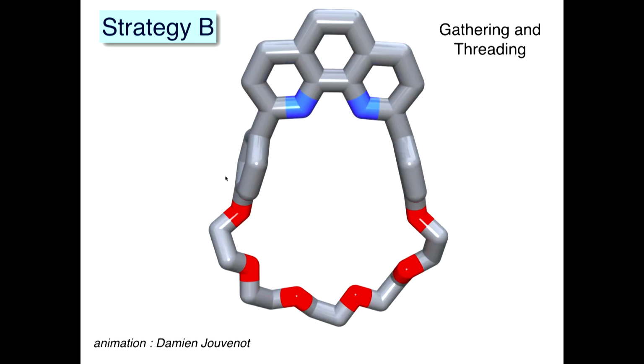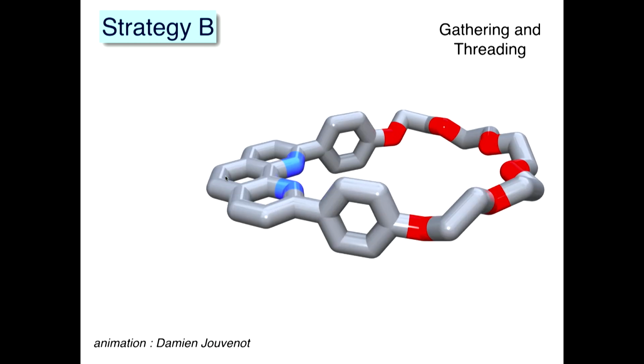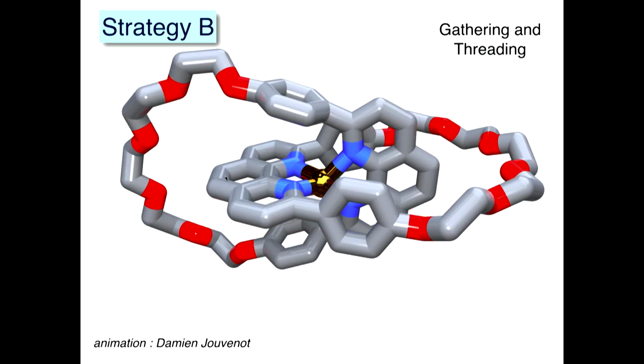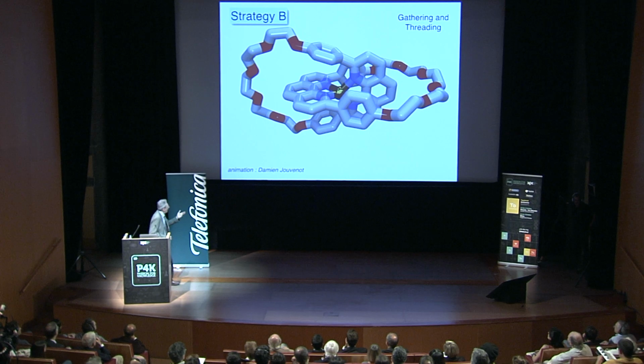Let me do it again because it's a little bit too fast. Copper, another organic fragment which threads in, and finally you make your ring. And this now would be a 3 to 4 chemical step synthesis, so very, very simple.